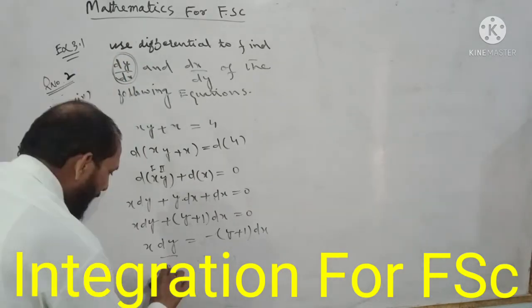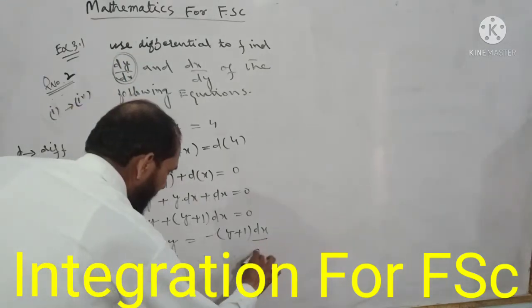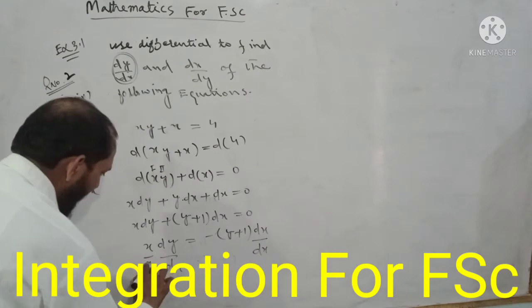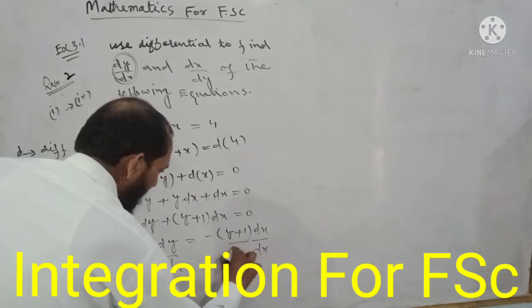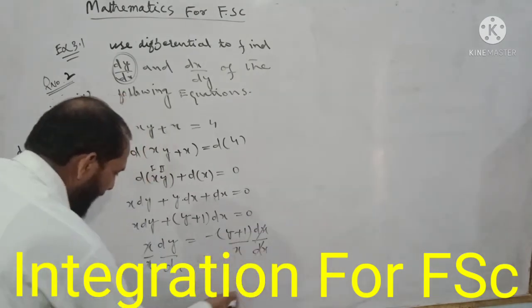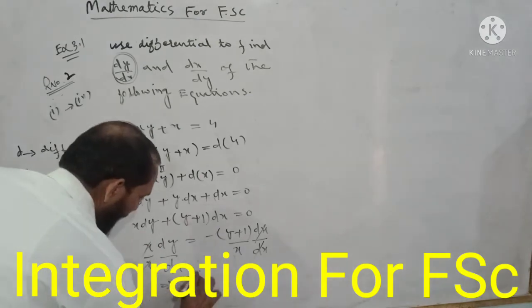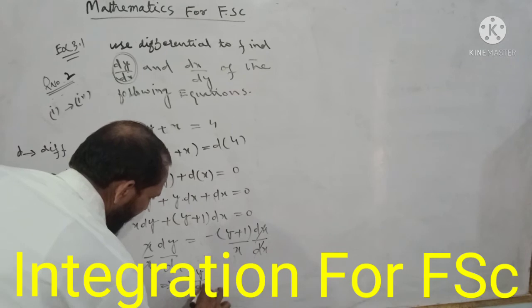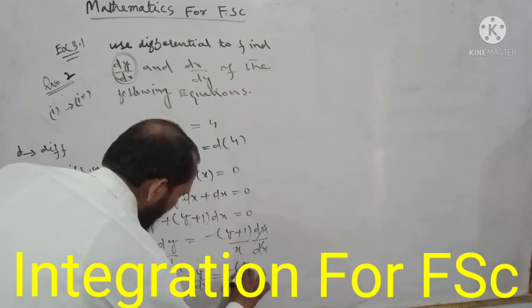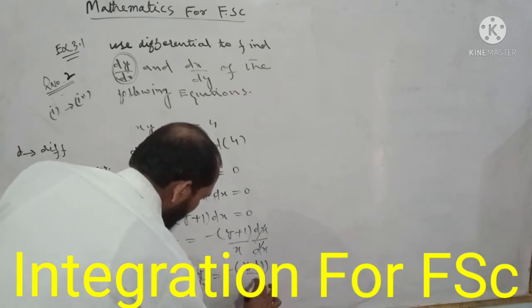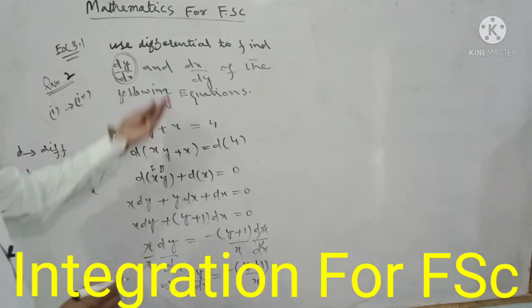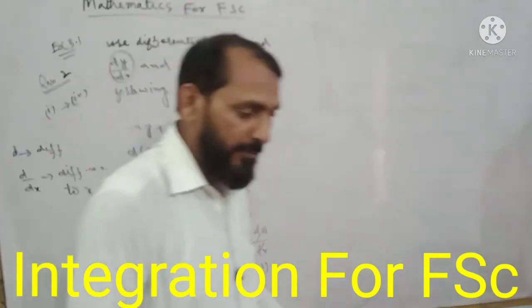So we divide dx on both sides, and also we divide x on both sides. Dx will be cancelled, x will be cancelled. So dy over dx is equal to negative y plus 1 over x. So we find the first value dy over dx.